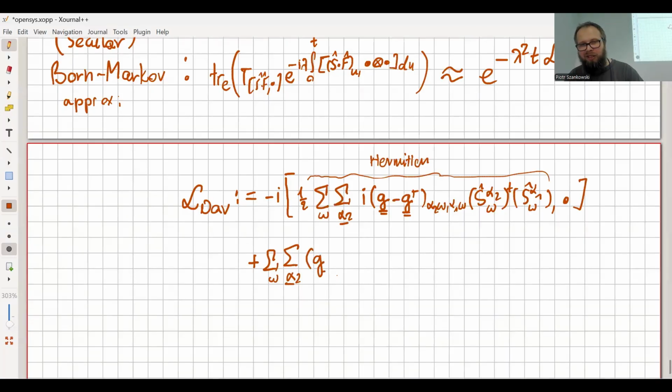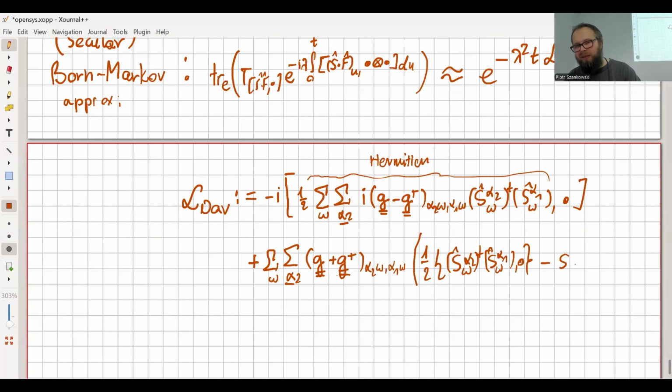We have G plus G dagger element alpha 2 omega alpha 1 omega, and it multiplies 1/2 anti-commutator, minus a sandwich, dagger.